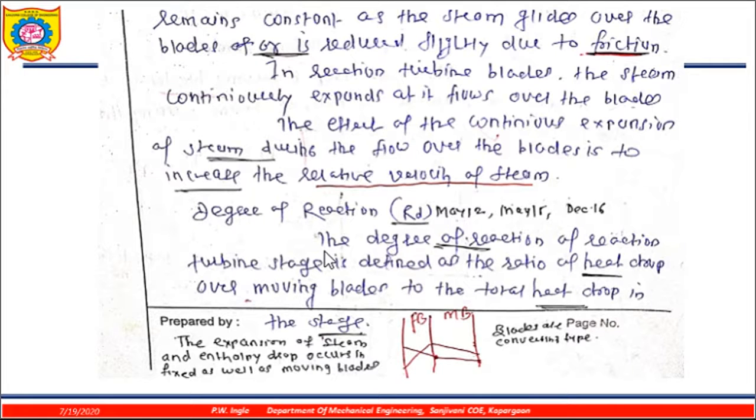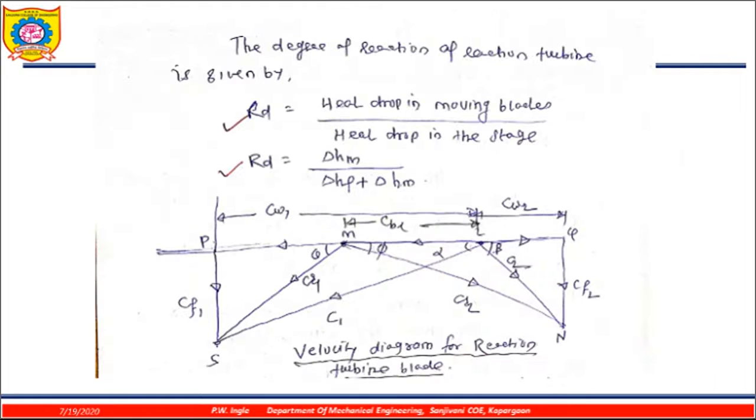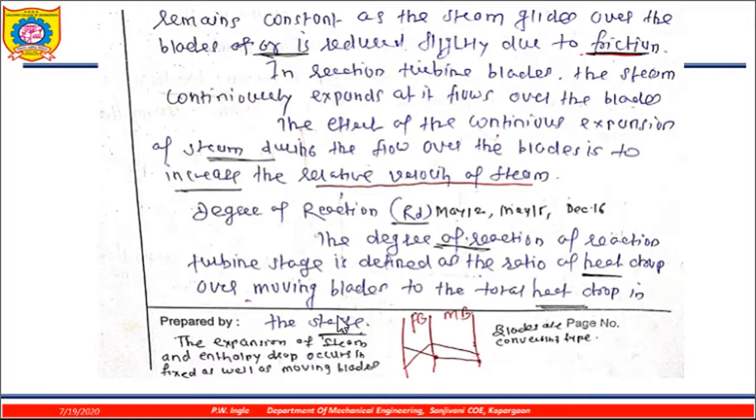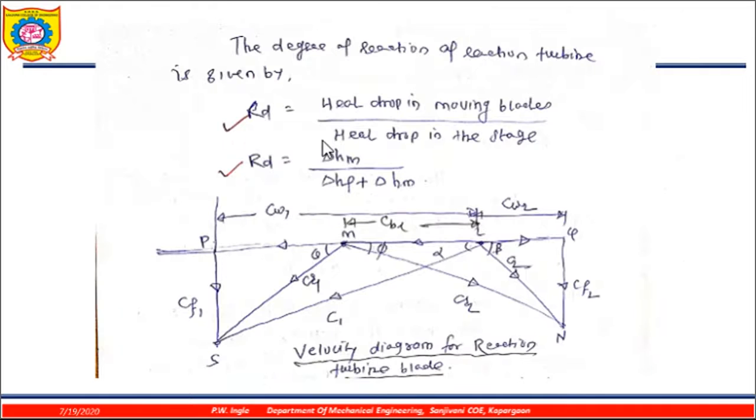So what is the degree of reaction? Here you see a fixed blade and a moving blade; this is known as a stage. Expansion of steam and enthalpy drop occur in the fixed as well as the moving blade. The degree of reaction is defined as the ratio of heat drop over the moving blade to the total heat drop in the stage.